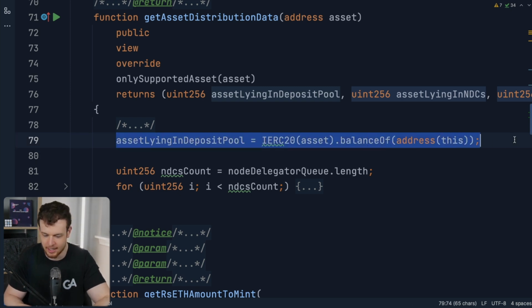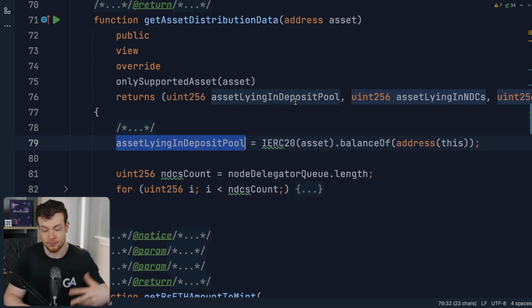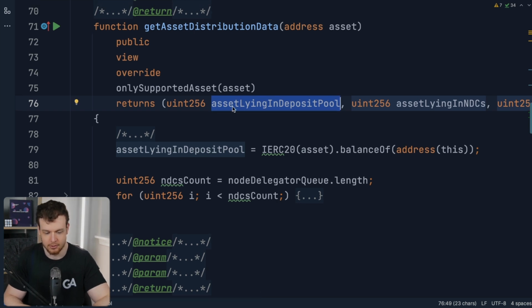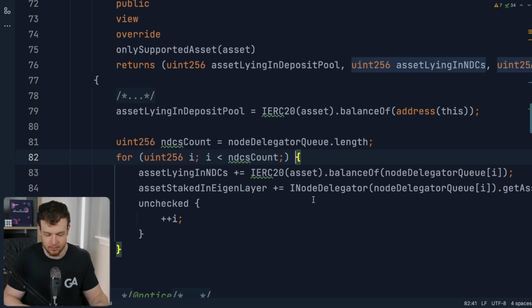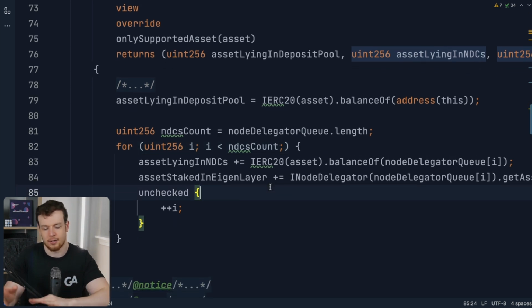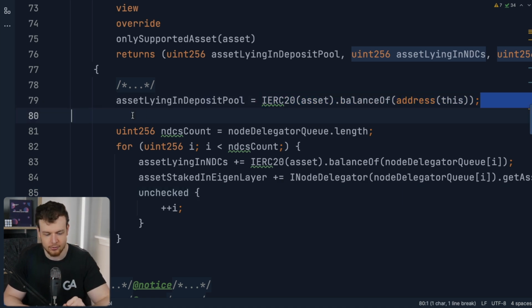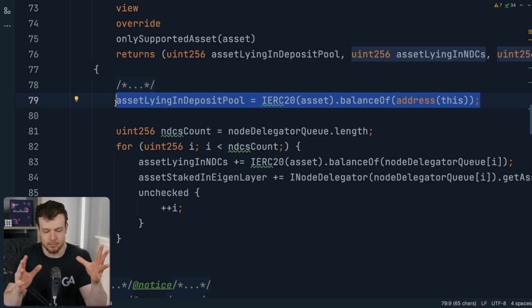On line 79, we see a balance of being used to get the asset lying in deposit pool. And this is, of course, the first thing returned from this function. So we don't need to look at anything else in this function. All that's happening here is we're calculating the funds that are deployed elsewhere. But even after we've just gotten a singular balance of being used, we know ultimately, boom, this is manipulatable.